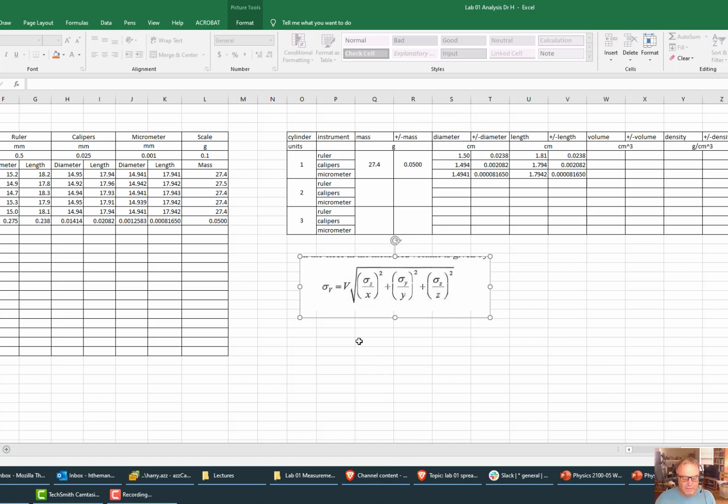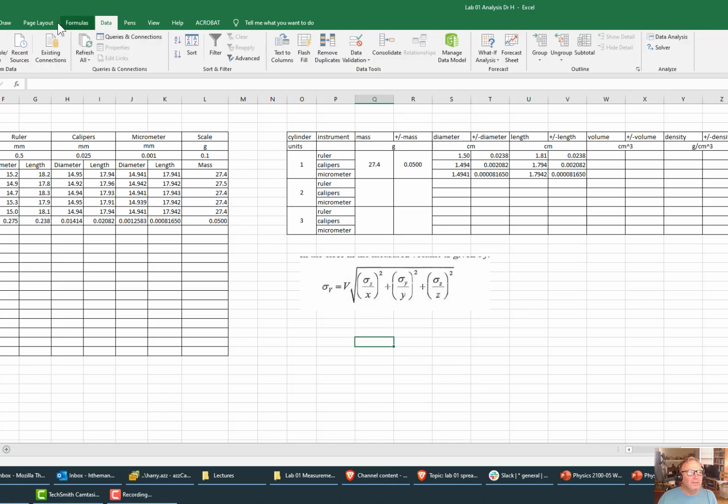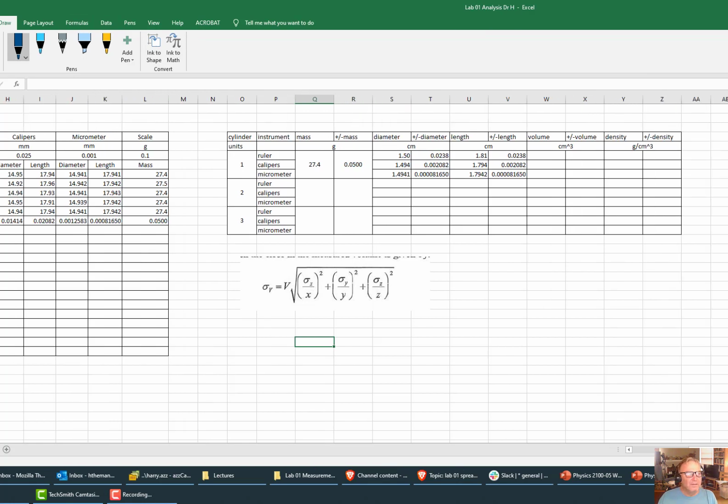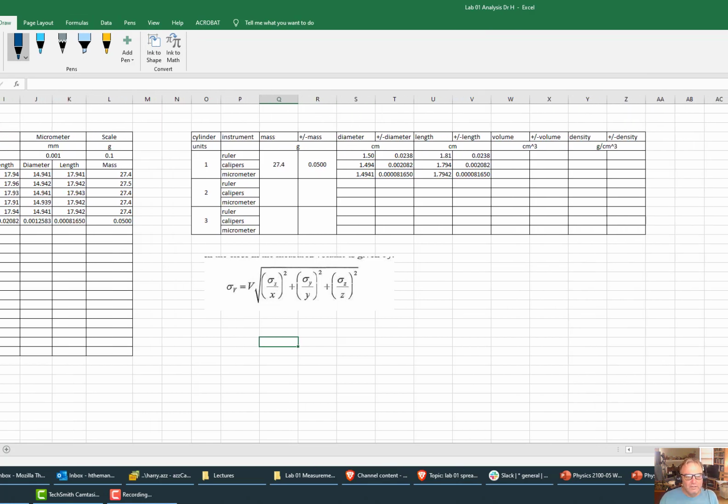This one is made up by thinking about the standard way to think about volume, which is length times width times height. So standard volume of a rectangular prism is defined as length times width times height.